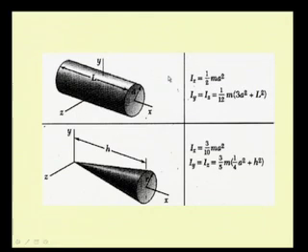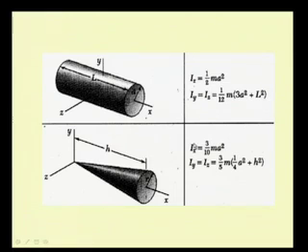For cylinders, we have with respect to the axis of the cylinder, that is Ix, 1 by 2 m a square, where in this case a is the radius of the cylinder and L is the length of the cylinder, and we have the other two second moments, that is Iy and Iz, as 1 by 12 m (3 a square plus L square).